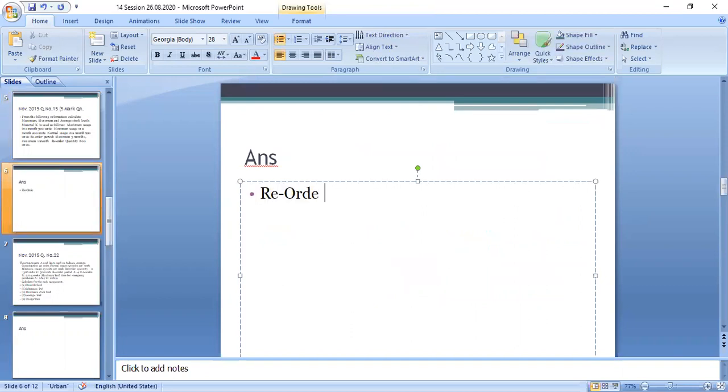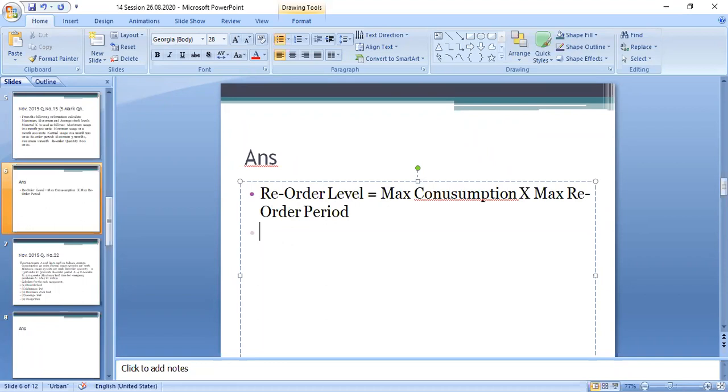So reorder level is equal to maximum consumption into maximum reorder period. So this is a formula. From the above, you know it is a maximum consumption.